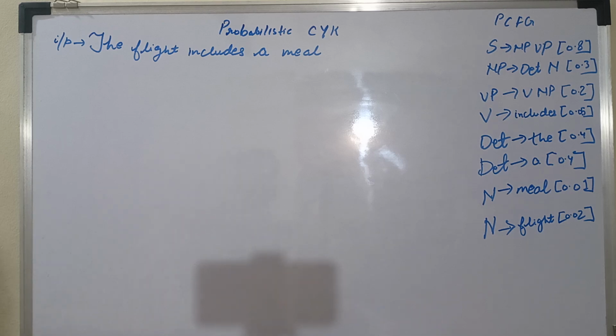What is the use of probabilistic CYK? The normal CYK algorithm helps us to generate a parse tree, and probabilistic CYK also helps us to generate a tree for an input sentence.